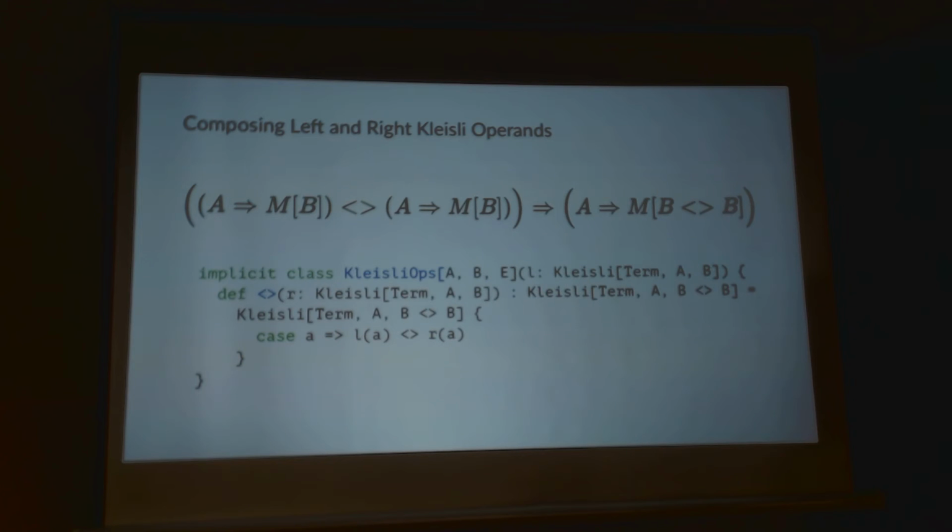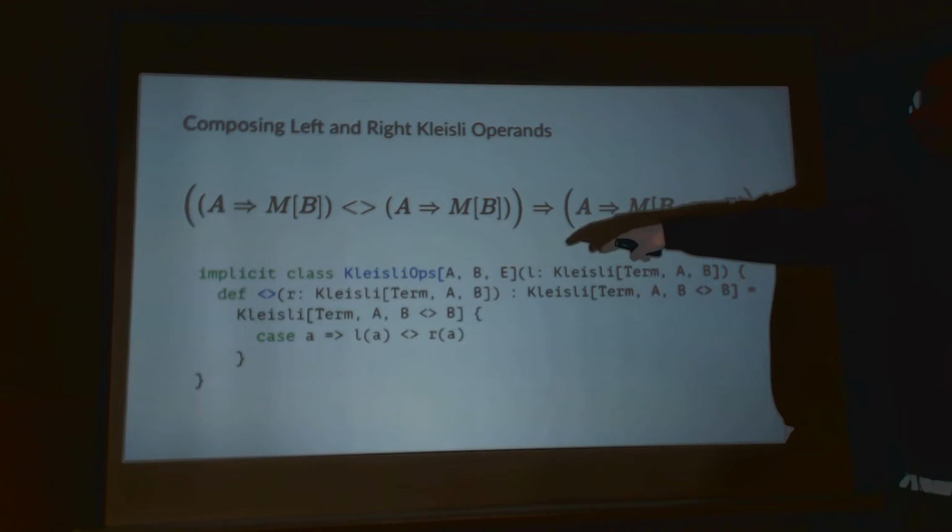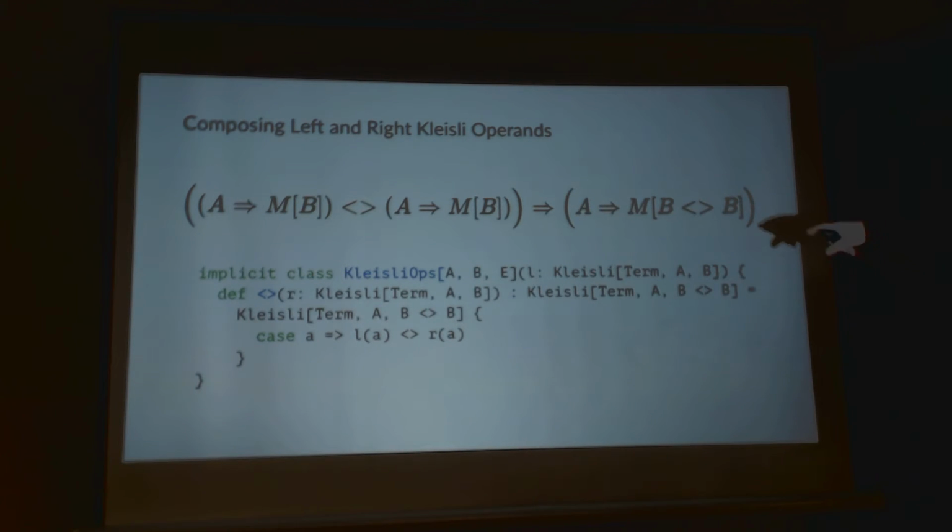We'd define an implicit class so that we can take any Kleisli and perform this operation between them. On the left side, you would have term A to B. Then the right side of this diamond, you have term A to B as well. Result, of course, term A to B diamond B. But then right here we say Kleisli term A, B diamond B.